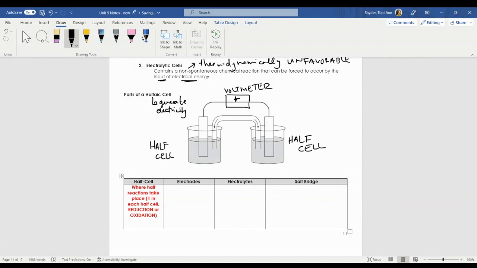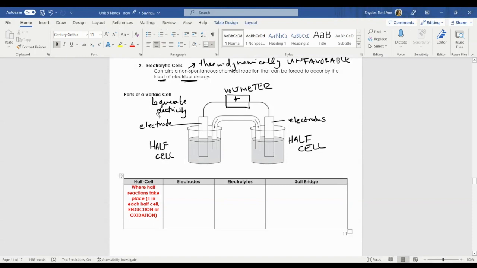Makes sense. What I also have in this system is this really important part, and that's this little thing going in here. We call this guy an electrode. And this guy is the exact same thing. 2 electrodes. They have more specific names. We'll get into those in a minute or so.